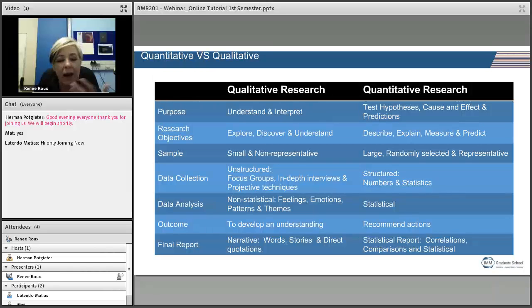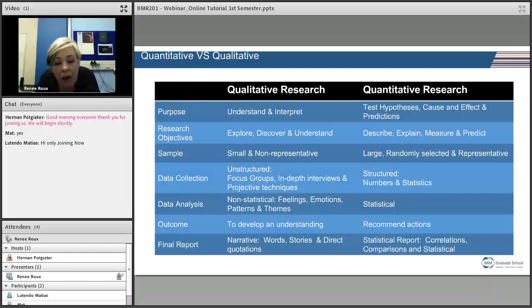And as I said in the previous slide, it's focus groups, etc., where quantitative is very structured. It's about numbers and statistics. So you will really follow a questionnaire, question 1, and then you ask question 2, and you will not deviate from that. And because of that, the method of data collection and the data analysis are different.